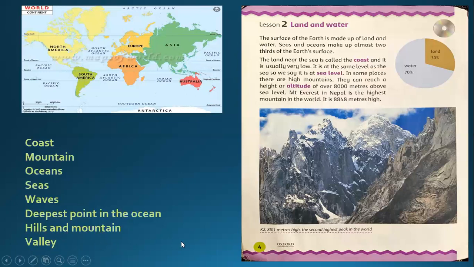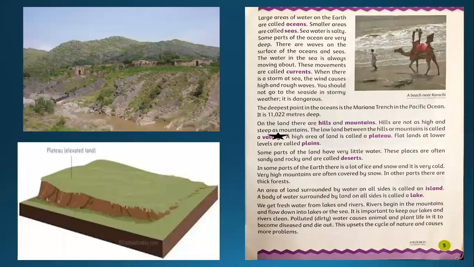Now we will move forward and see more interesting things in this chapter. We start from this, after the valley. A high area of land is called a plateau. Just like in this picture, this whole chapter is about the surface of the earth, and you can understand by the different pictures which I am showing you.